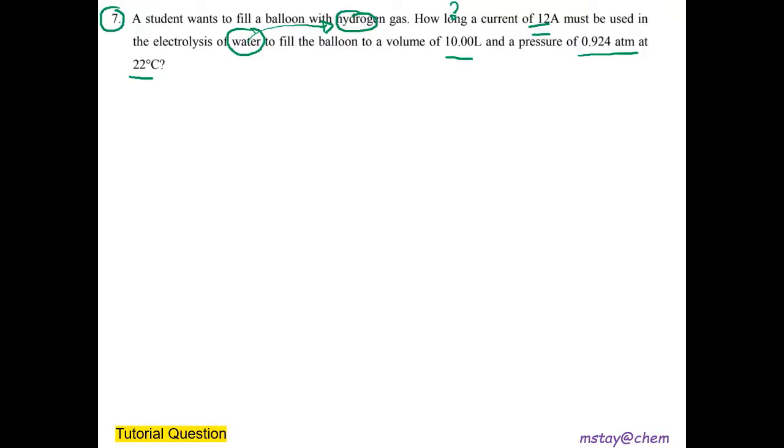So like normal, usually we are going to write the half equation at the cathode. Water discharges at the cathode to produce hydrogen gas, balanced by adding OH negative. So we put 2, then balance hydrogen and oxygen, gain 2 more electrons. So here is aqueous.